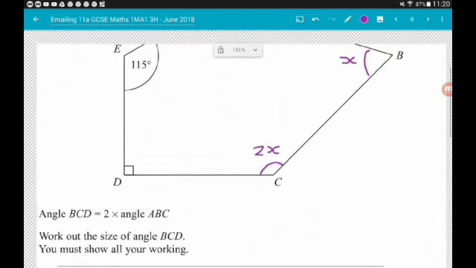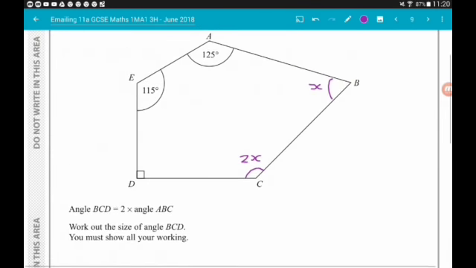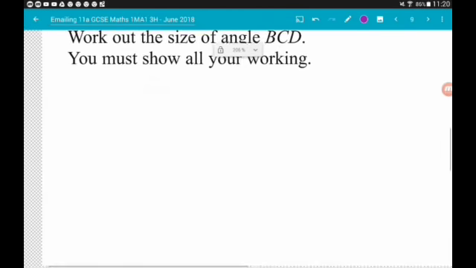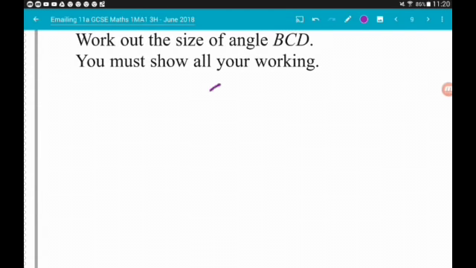Okay, now we need to know what the sum of the interior angles of a pentagon are. So you might know this. If you don't, there's a nice little trick. So what we do, we draw a pentagon.